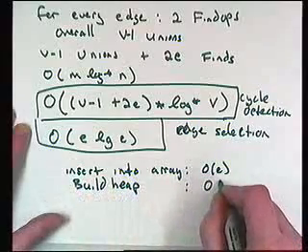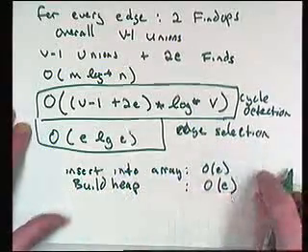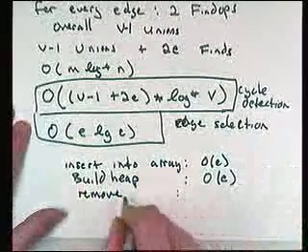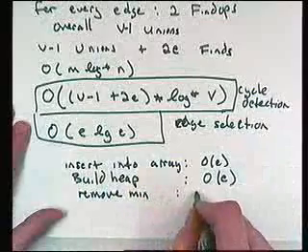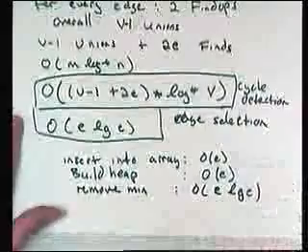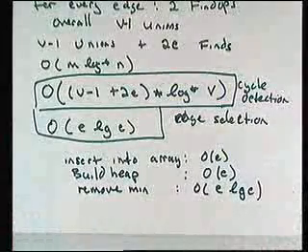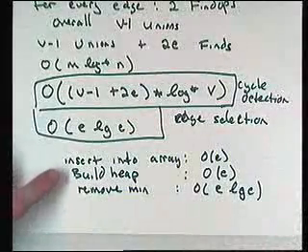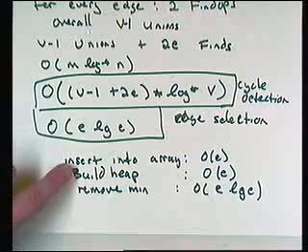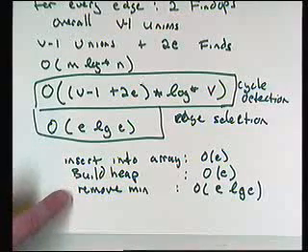So in linear time I can arrange them in a heap, and then we can remove them each time in order E log E time. We could have sped things up slightly by doing that. I don't need to insert all the edges one by one into a heap. I could have just dumped them into an array in linear time, then built the heap in linear time, and then the removal cost would be E log E.